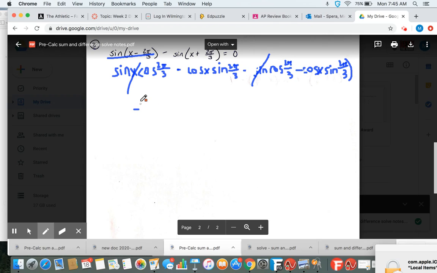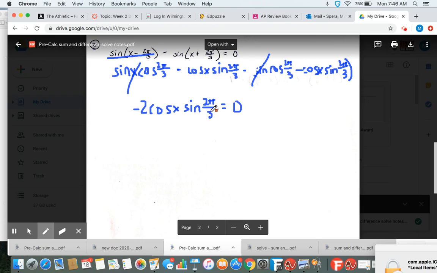And now we combine the like terms, and we have two of them, and they're just negative, so negative 2 cosine x sine of 2 pi over 3 equals 0.